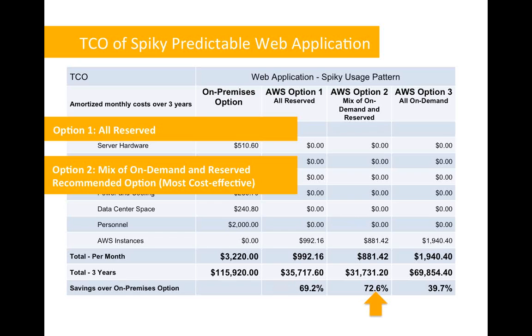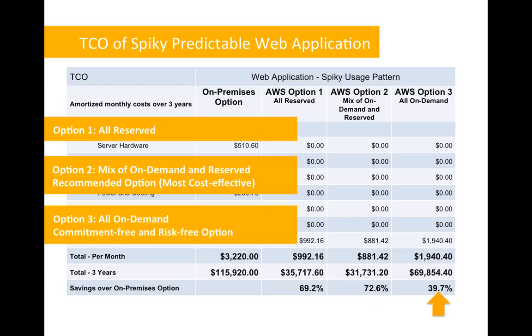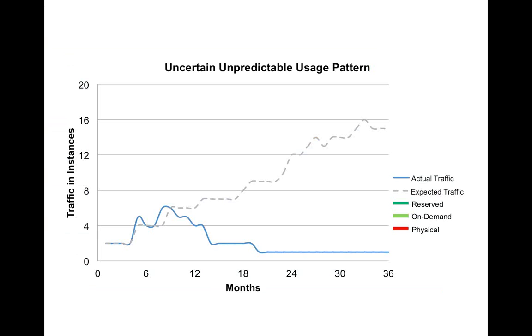After you finished your peak workload, you just turn off your on-demand instances and no longer pay for them. And you can see option 3 is commitment-free and risk-free, but it doesn't give you as much savings as the other options. So let's go on to some more complex patterns.